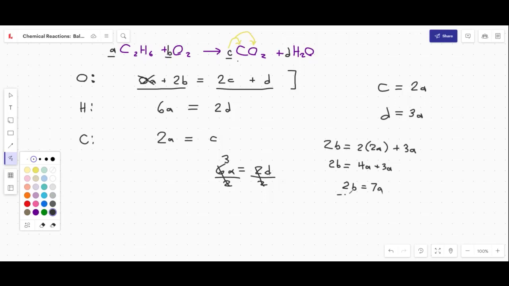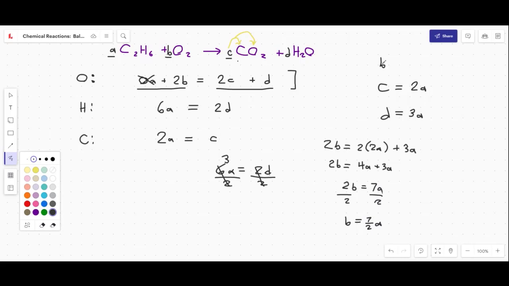And then I can divide both sides by 2, which gives me B is equal to 7/2 A. So now I have all variables solved in terms of A.